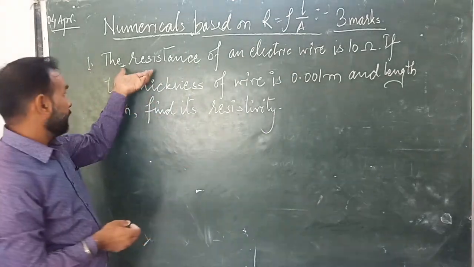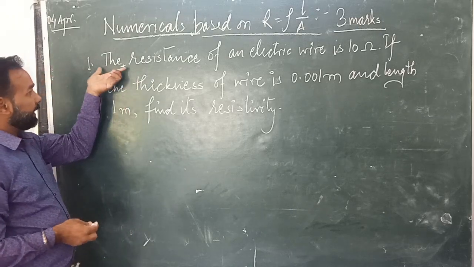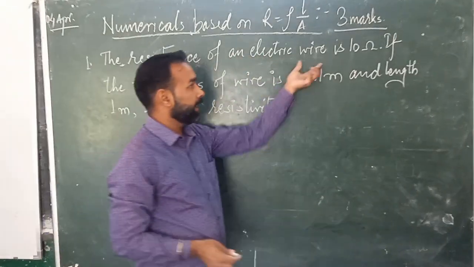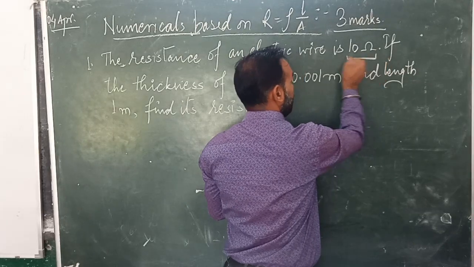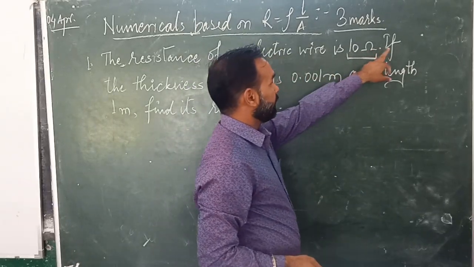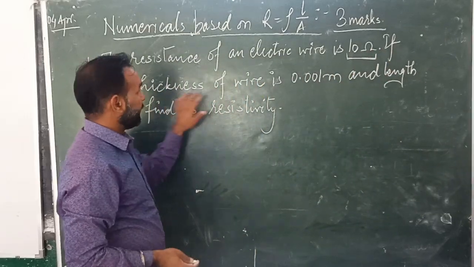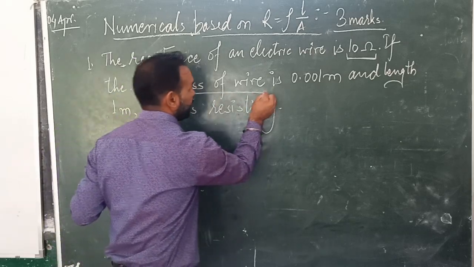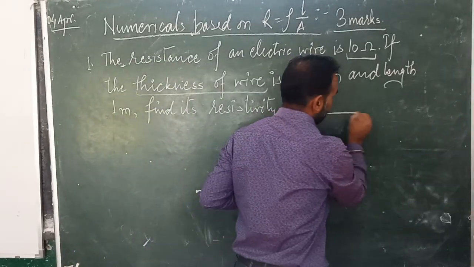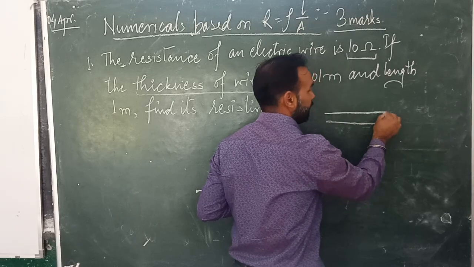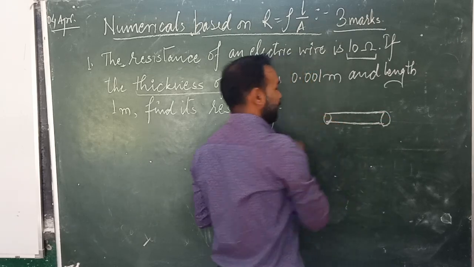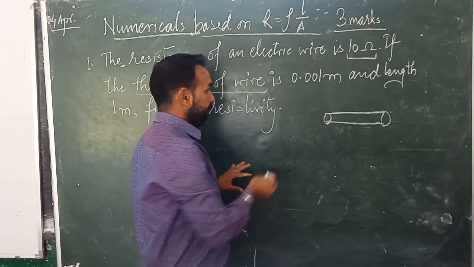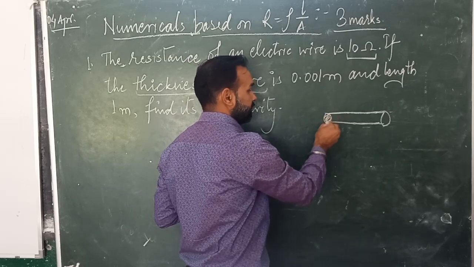I have written a question over here: the resistance of an electric wire is 10 ohm. Resistance is given to you. If the thickness of the wire, and you know that a wire we generally consider in the form of a cylinder, this is called the thickness of the wire.